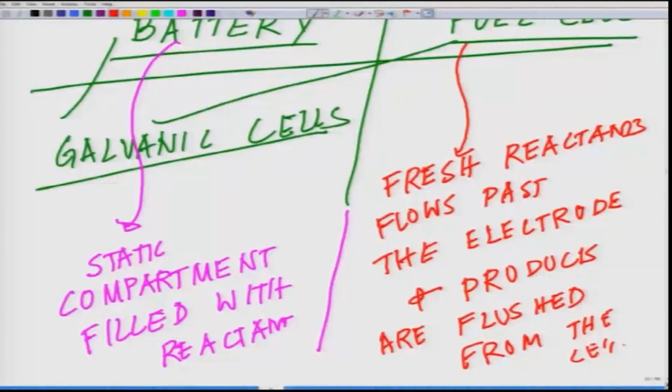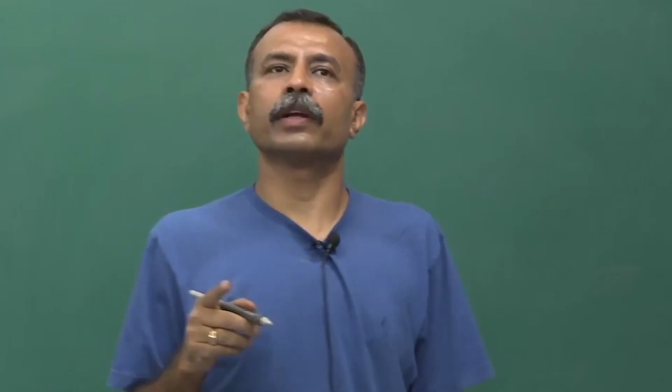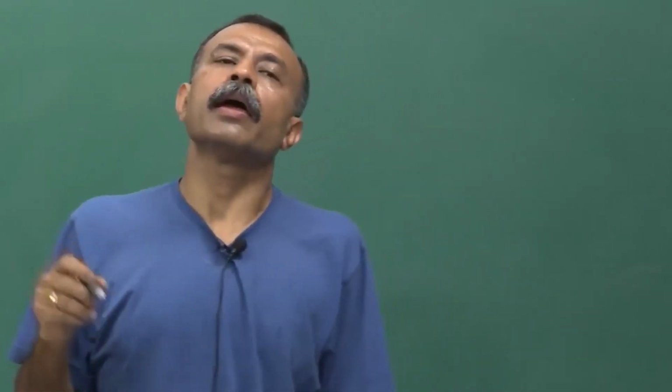So, now let us draw. We talked about the copper and the zinc in the previous class. So today we will talk about a different kind of electrode where it will be cadmium and AgCl.